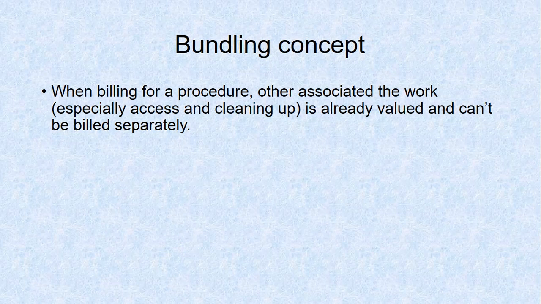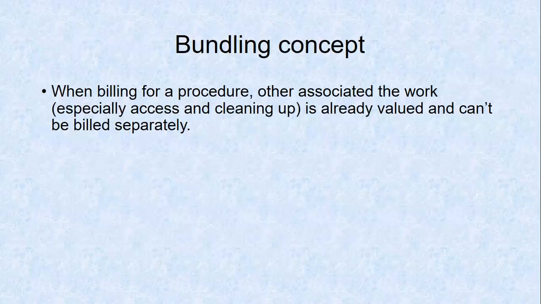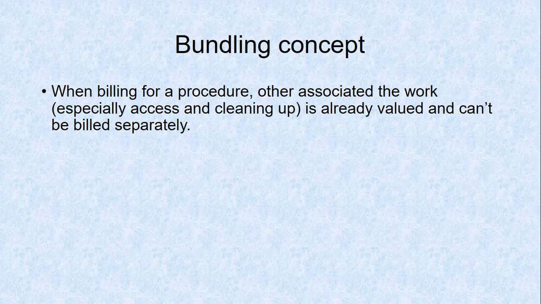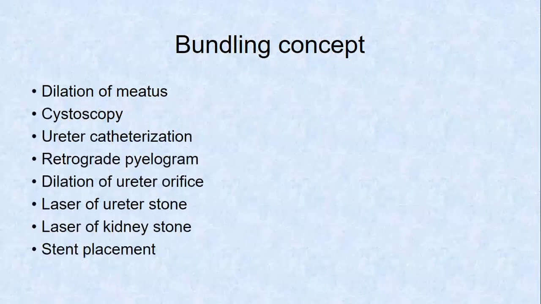A common bundle is a ureteroscopy and a ureteral catheter. Usually you need to place a ureteral catheter to place a guide wire up to do a ureteroscopy. So 52005, cystoscopy with placement of ureteral catheter, is bundled to 52356, which is ureteroscopy with laser lithotripsy and stent placement. So they can't be billed separately because they're bundled together.